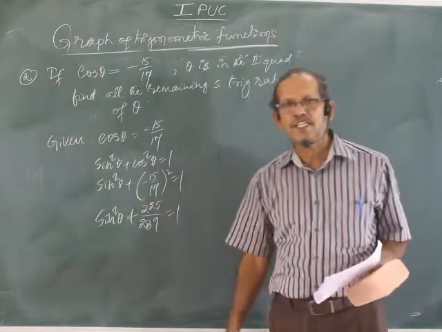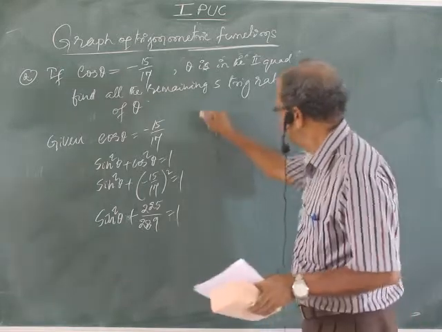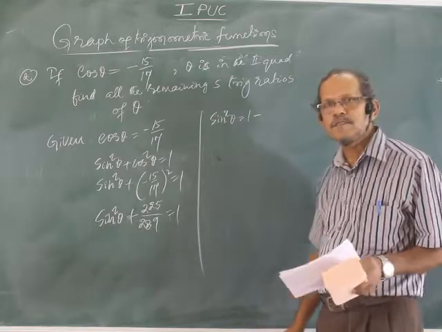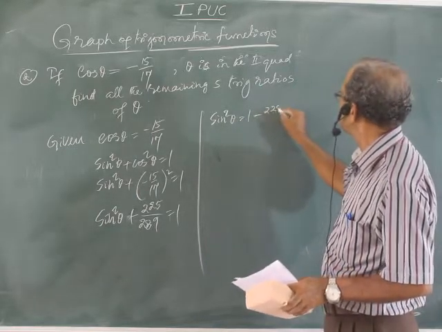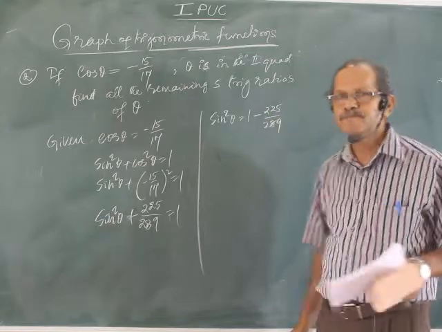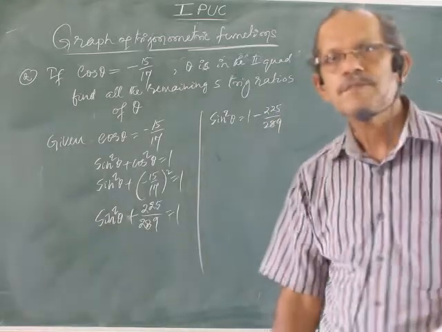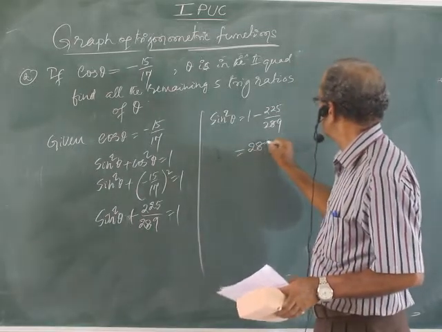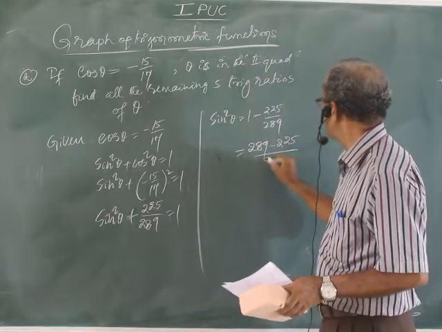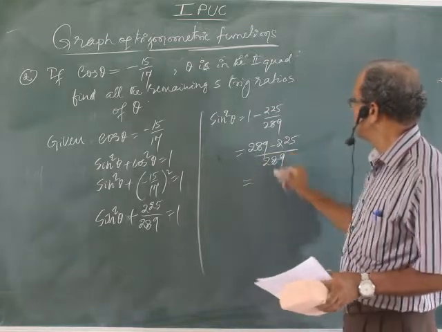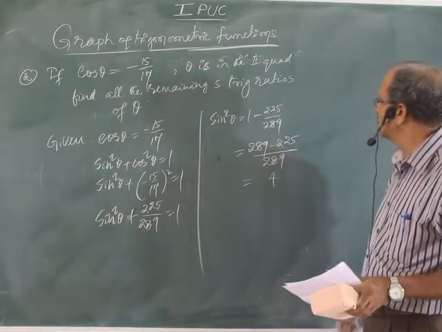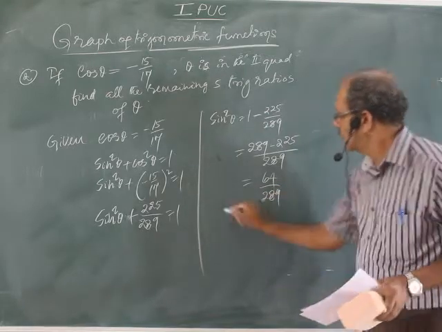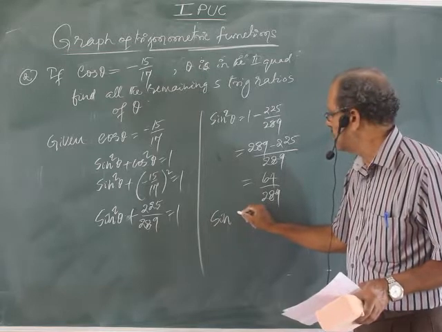Even though it is minus, the square is positive. So sin square theta equals 1 minus 225 by 289, which is 289 minus 225 by 289, equal to 64 by 289. Sin square theta is this.